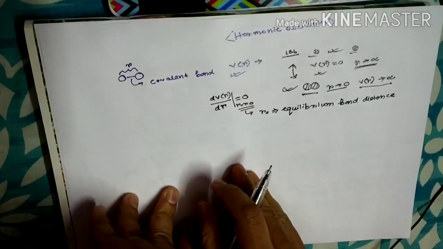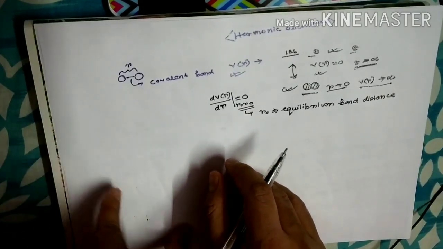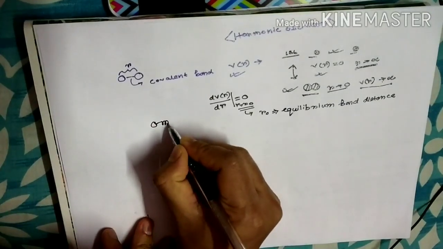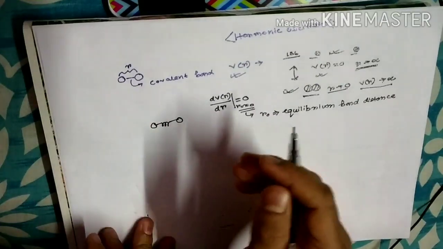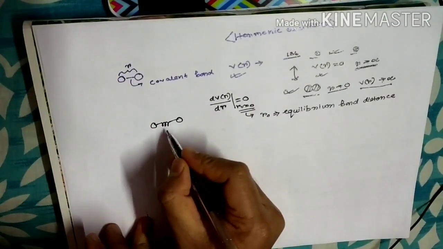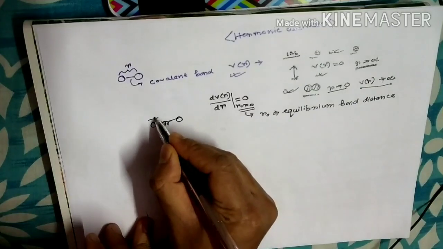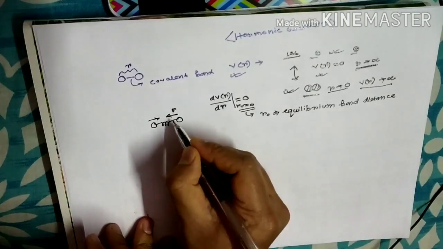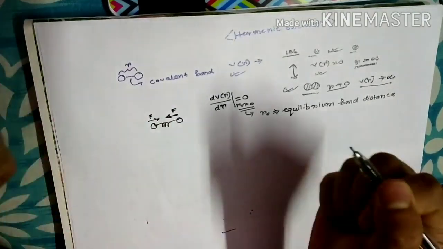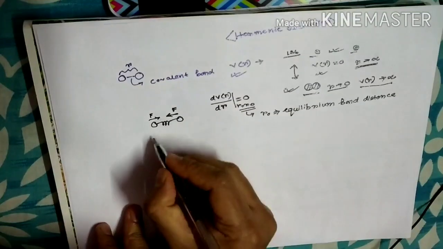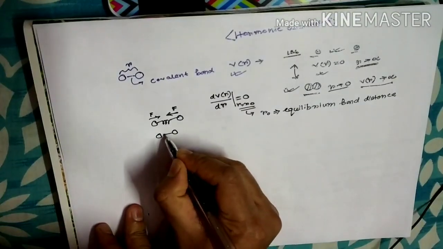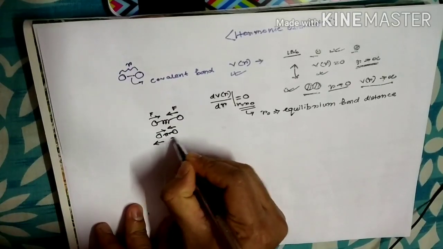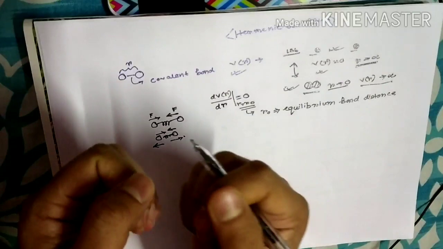So what happens at this position? At this position the bond will be much more relaxed. Suppose we compare this bond to a spring. If we try to stretch this spring in one direction, the force will act in the opposite direction. On the other hand, if we compress the spring the other way, the force will act to separate the atoms.